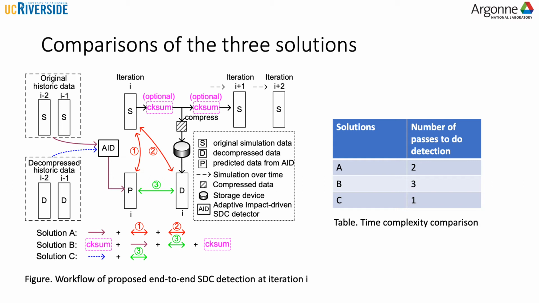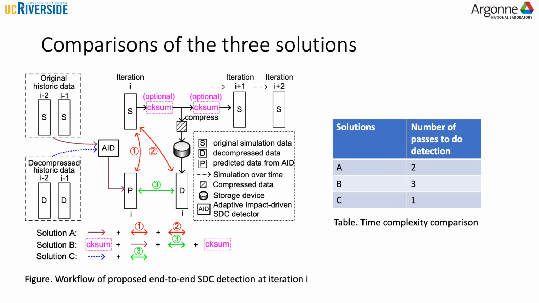In solution B, we just need one pass to compare the predicted data with decompressed data, but we also need to scan the simulation data twice to do memory error detection with checksums, which brings the total number of passes to be 3. In solution C, there is only one pass to do comparison between the predicted data and the decompressed data of the current iteration, so the number of passes will be just 1.